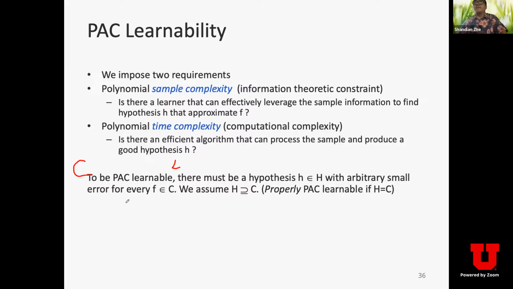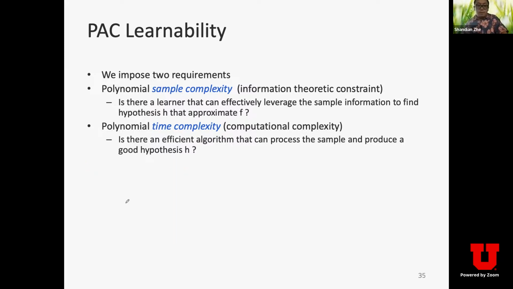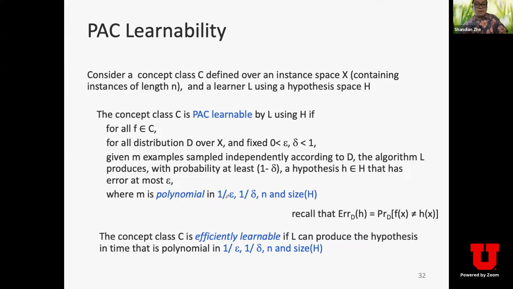PAC learnability is a very strong statement. It requires that, for arbitrary error level epsilon and arbitrary confidence level, you can always use a polynomial number of examples to find a hypothesis whose true error is less than epsilon.